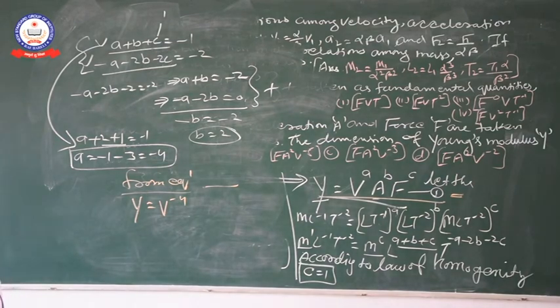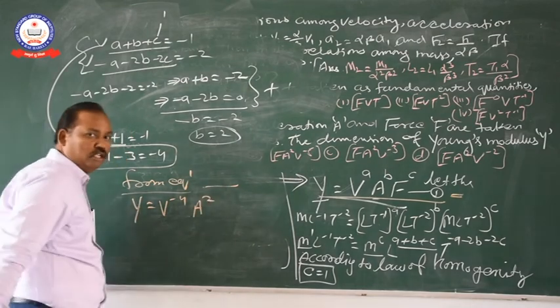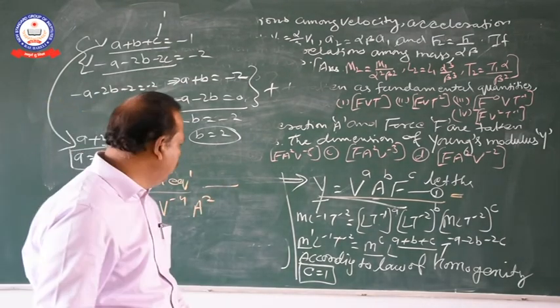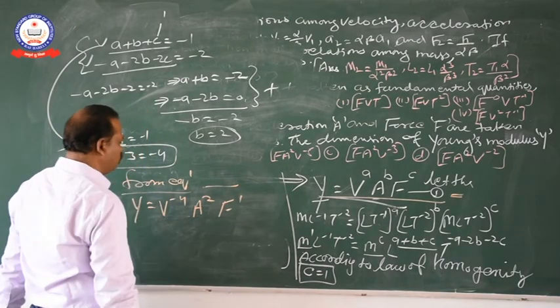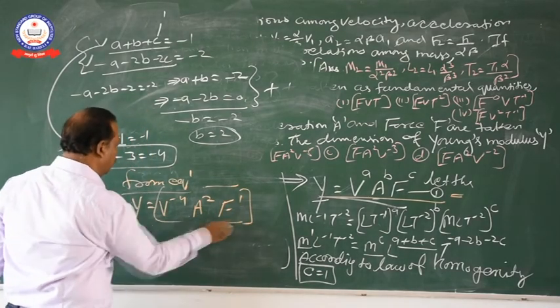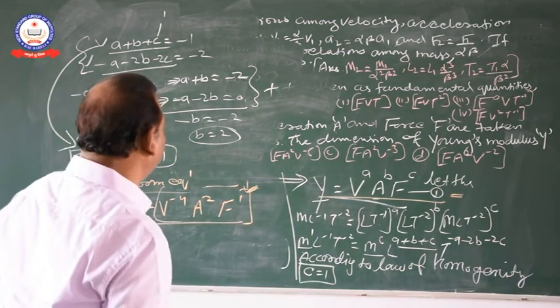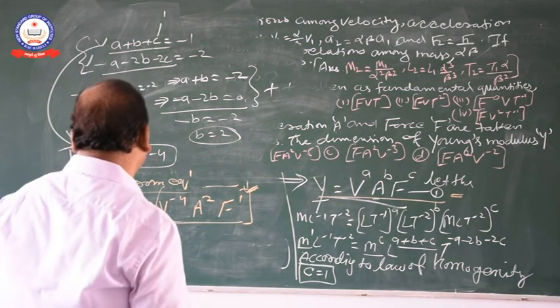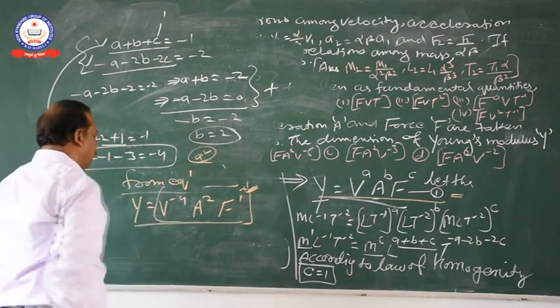A raised to power b means A square, and c means F raised to power 1. This option is correct.